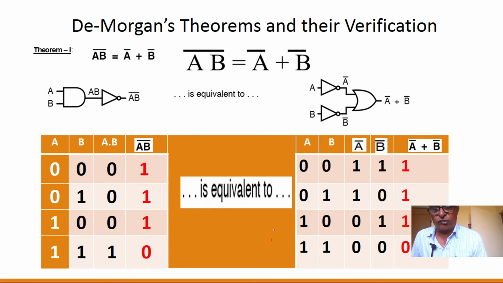In this topic we will discuss how to prove De Morgan's theorem, and of course verification is by using the truth table. Now let us consider the first theorem. The statement is: complement of the product is equal to sum of complements.